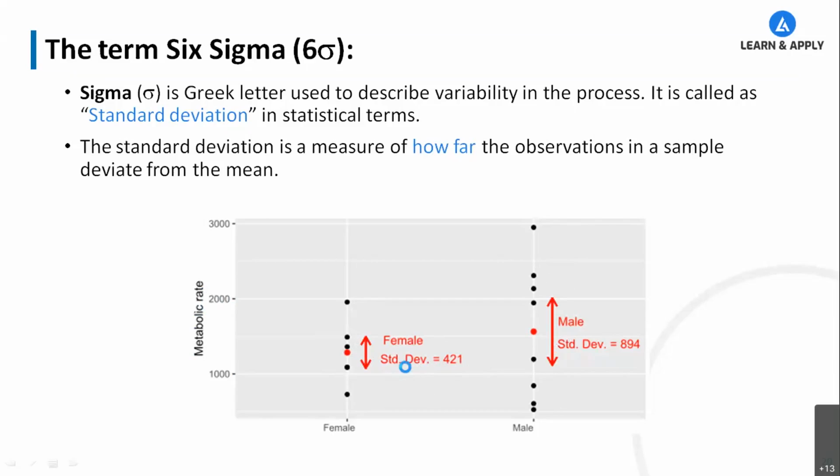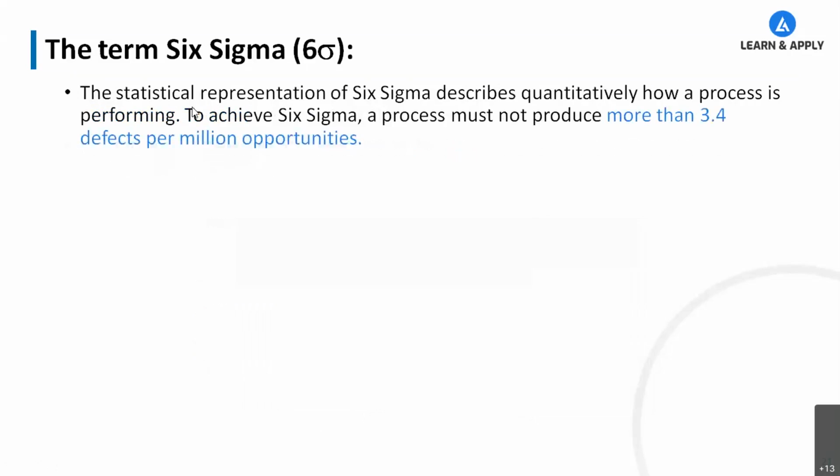Now the meaning of it in statistical terms, we will look ahead. The statistical representation of Six Sigma describes quantitatively how a process is performing. With the value of that sigma, we will get how our process is overall operating. Whenever we say we have achieved Six Sigma, or this company is operating on Six Sigma, what does that mean?